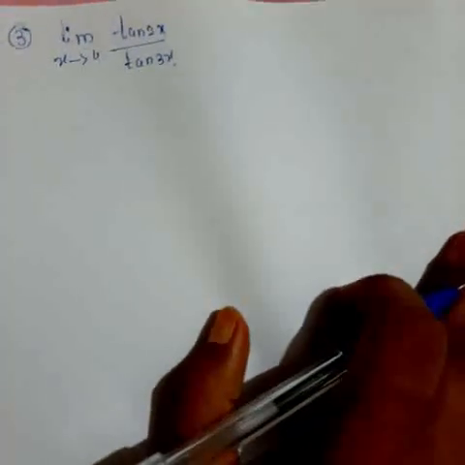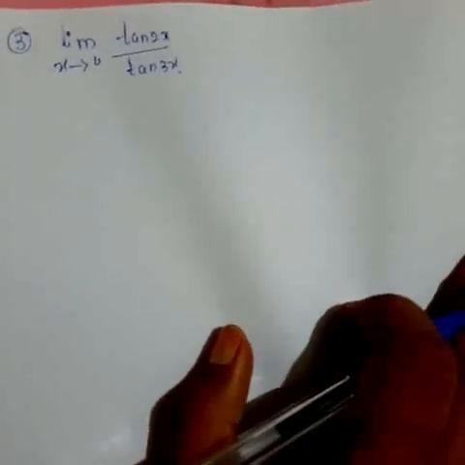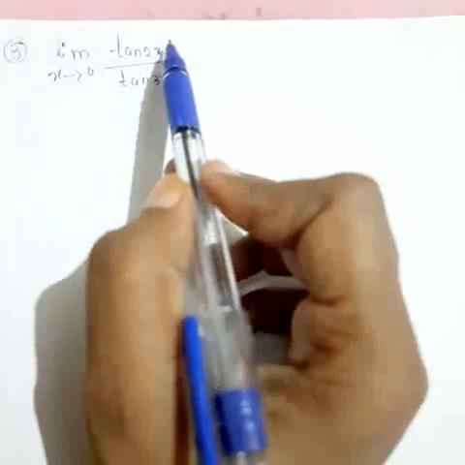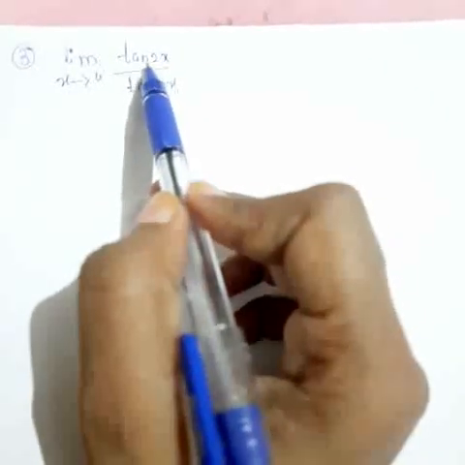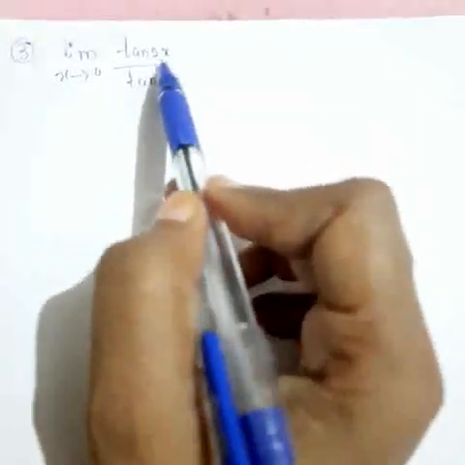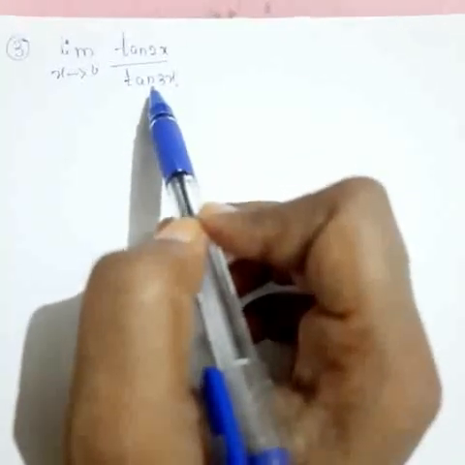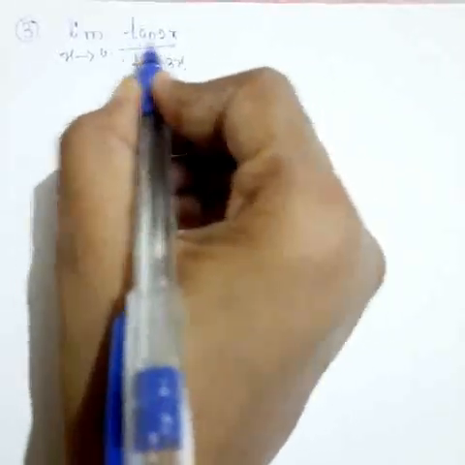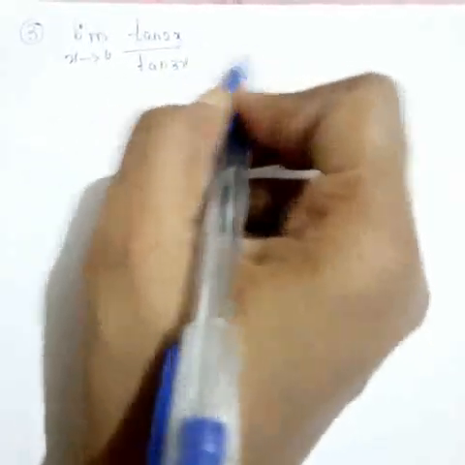Tan is there on both sides. Just do one thing: divide numerator and denominator both by x. If we have 2x in the denominator and 3x, you will get 1 and 1, 1 by 1 is equal to 1.